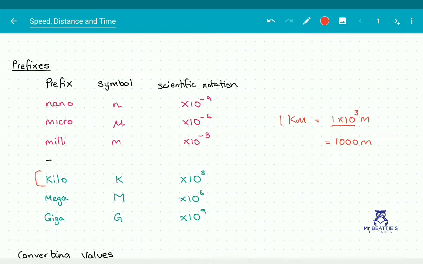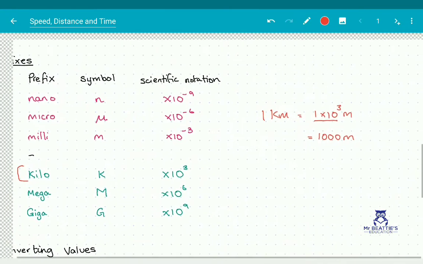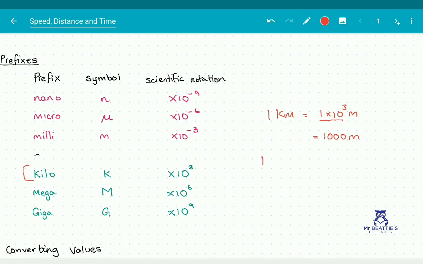Now that's the same for any one of these prefixes, only you use the different scientific notation that goes with it. So, for example, a millimeter is smaller than a meter, so that's why we have the minus here. And in that case, you would be putting into your calculator 1 times 10^x button, and then minus 3, in order to get that one out.